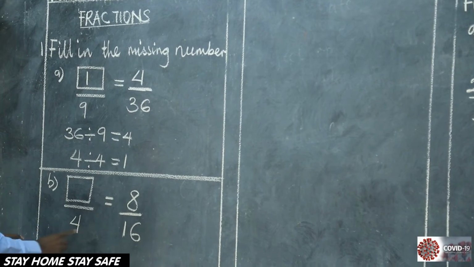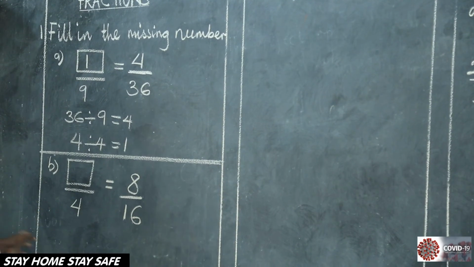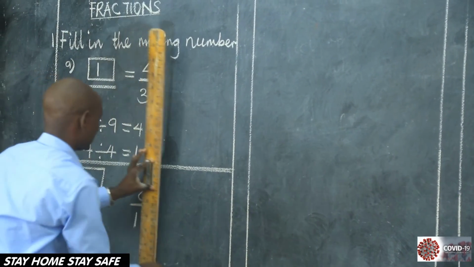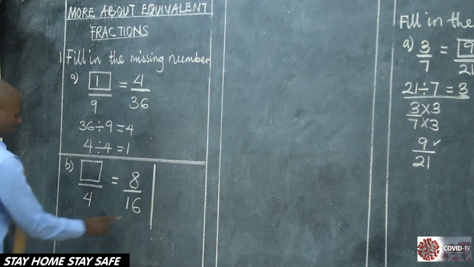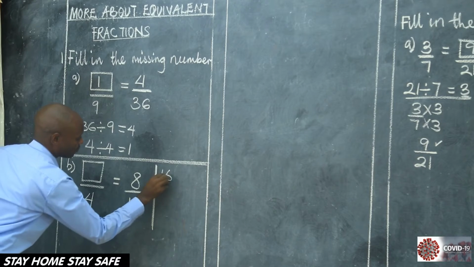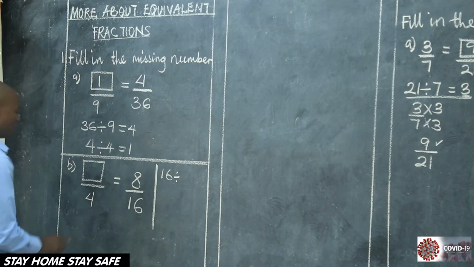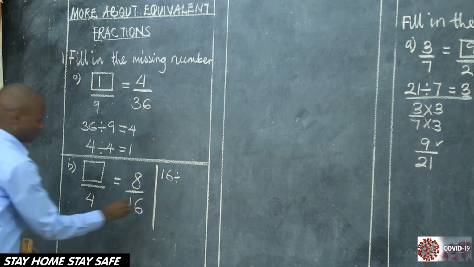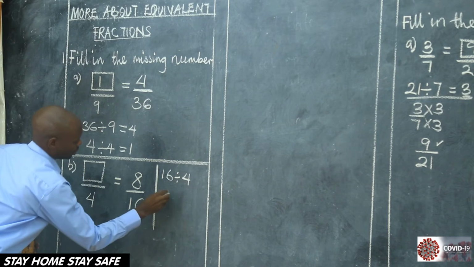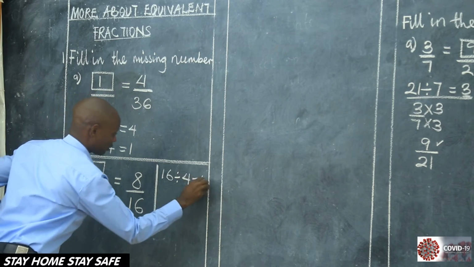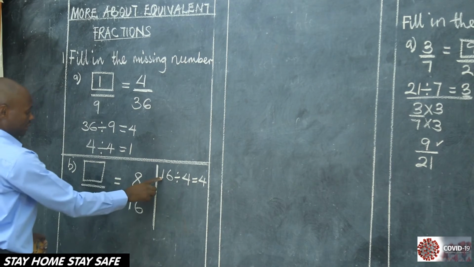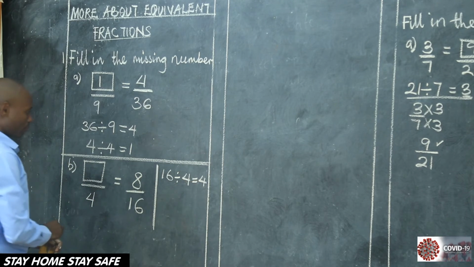So we shall compare what has been given, and when we compare, we are going to get 16. We divide it by 4, and this one is going to give you 4. Okay? 16 divided by 4, we get a 4.